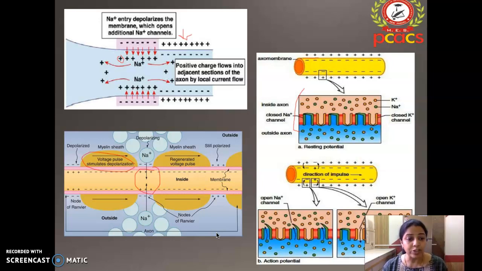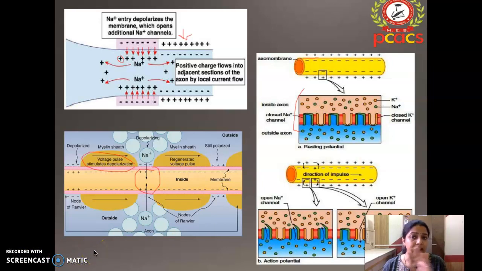The sodium potassium pump takes up sodium ions and puts them outside, and in exchange takes up potassium ions and puts them inside, and that too 3 sodium ions are put outside and in exchange 2 potassium ions are put inside. This will bring back the resting potential of minus 70.